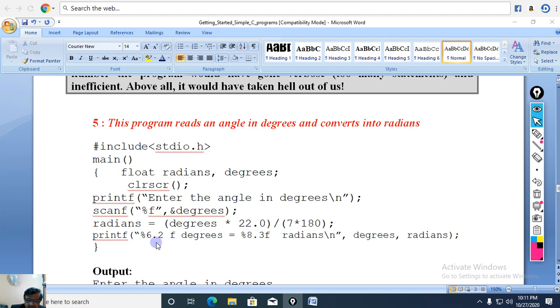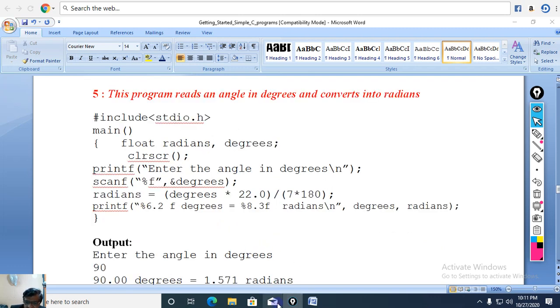Here degrees will go, and here radians will go in this particular format specifier. 6.2 indicates 1 2 3 4 5 6, it is accurate up to the second decimal place, so some values will be printed: value 1, value 2, decimal point, and the rest is the mantissa. 6 is the total number of spaces and .2 is the second decimal place of accuracy.